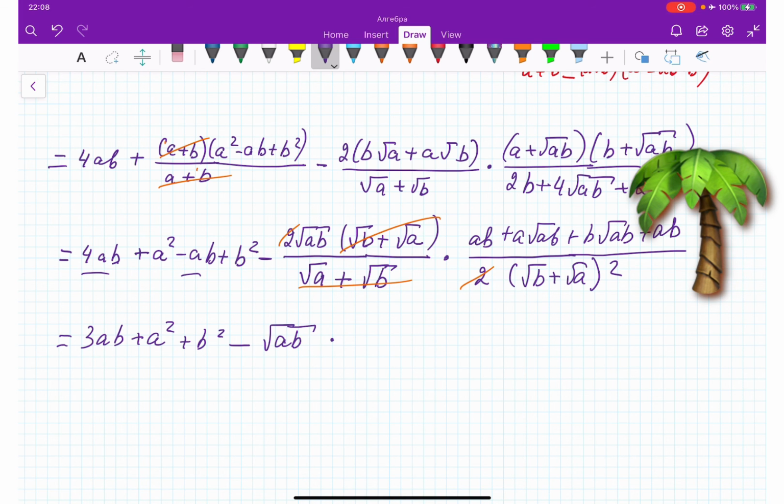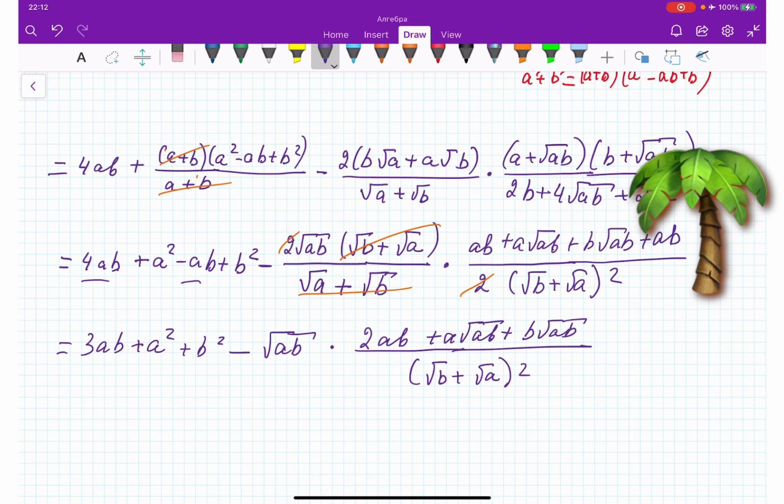Now here in the numerator, I have what? 2ab and plus a square root ab plus b square root ab divided by square root b plus square root a squared.